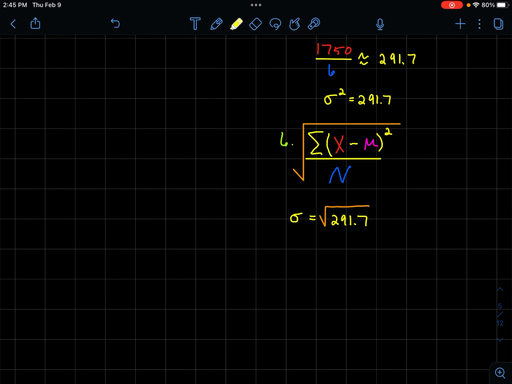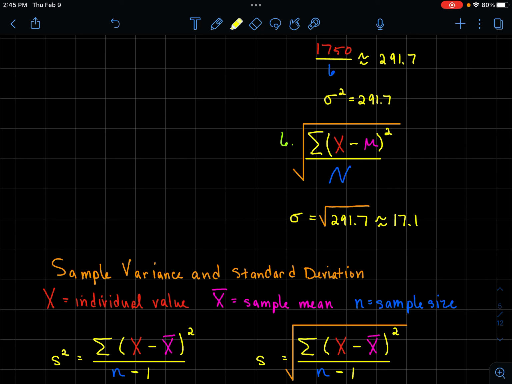If I need to calculate the standard deviation from this, we will square root that value. The square root of 291.7 is about 17.1. So there's our standard deviation. What this means is that all of our data points are about 17.1 steps away from the actual average that we calculated.